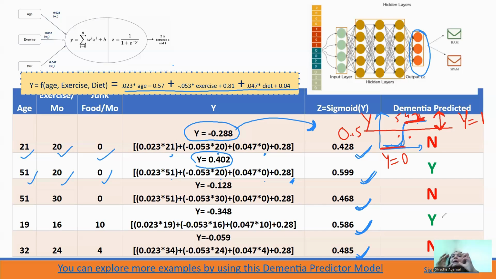So this is what is happening inside the neuron. We have independent parameters that are calculating your y is equal to mx plus c.